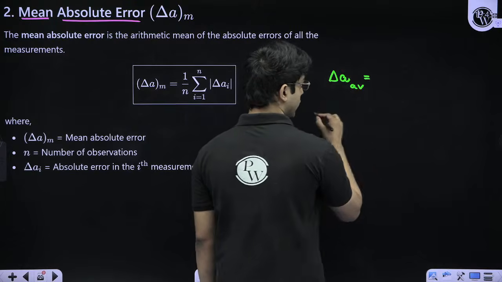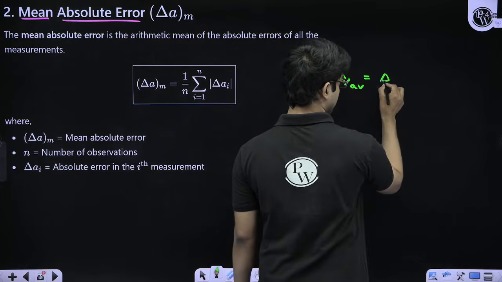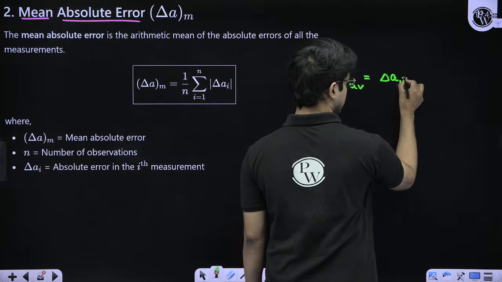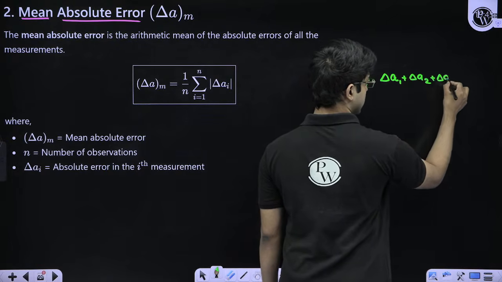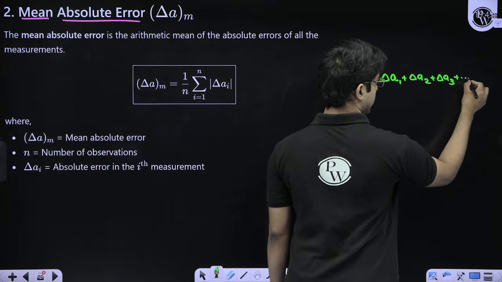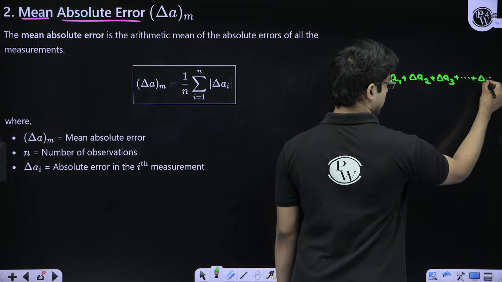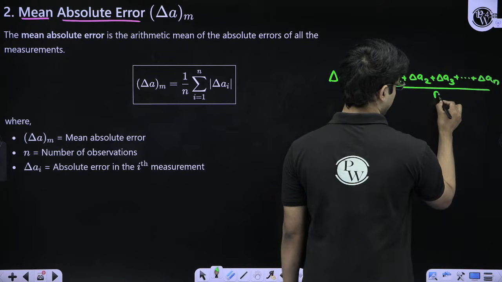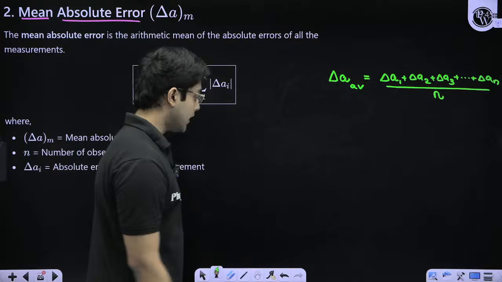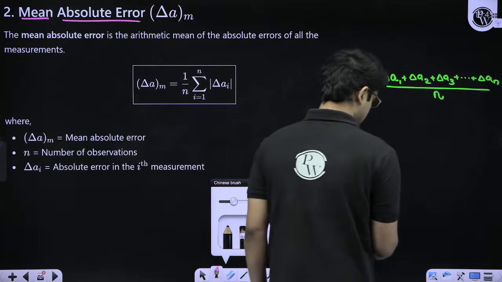So for this, what we do is we add up the absolute errors: delta A1, delta A2, delta A3, however many readings there were in the experiment, and divide it with the number of readings. Okay, and remember all of this should be positive.